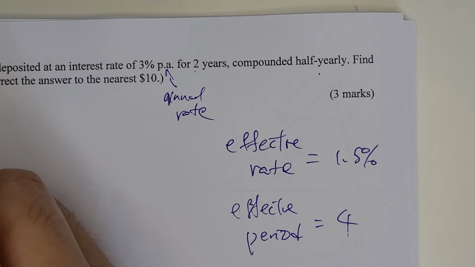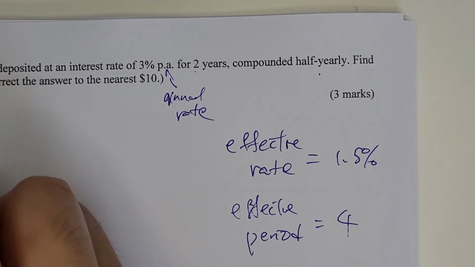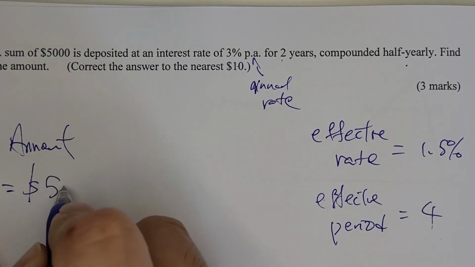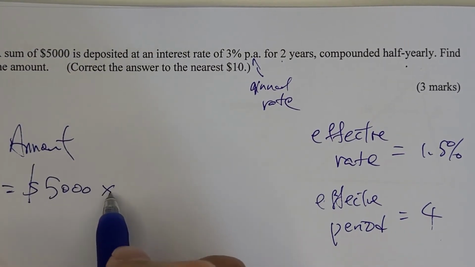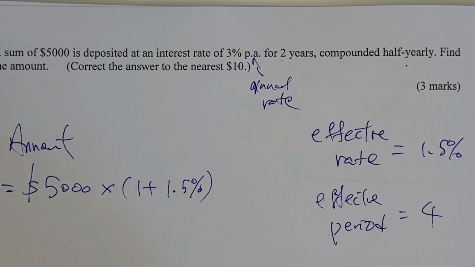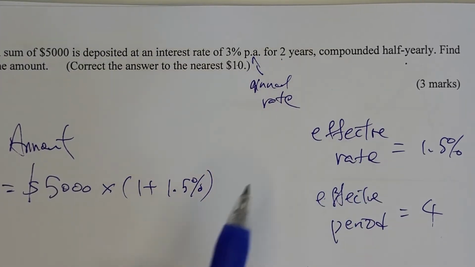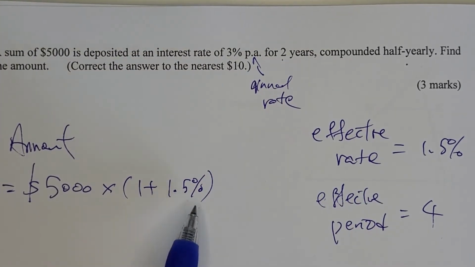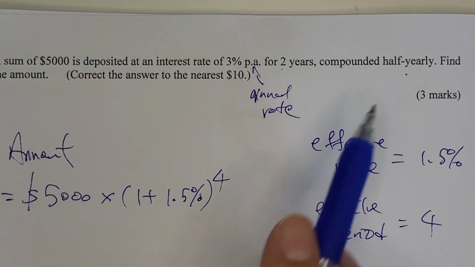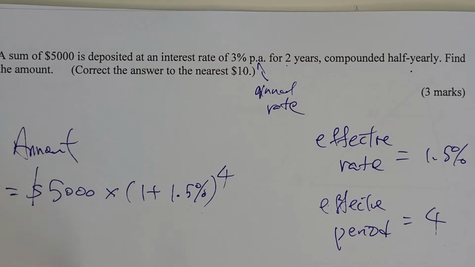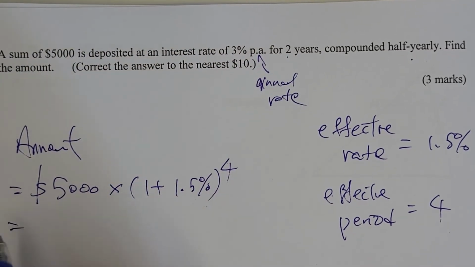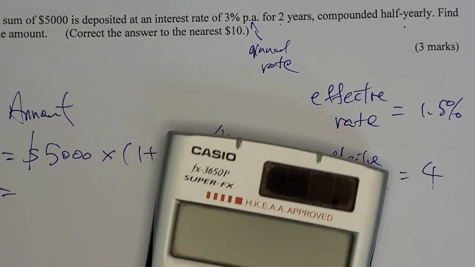So the amount would equal 5,000 times 1 plus 1.5%. As I explained before, 1 year 3%, every half year 1.5%. And the index is 4. Half year you count 1 time, 1 year you count 2 times, 2 years you count 4 times. So just take out your calculator to press the answer.